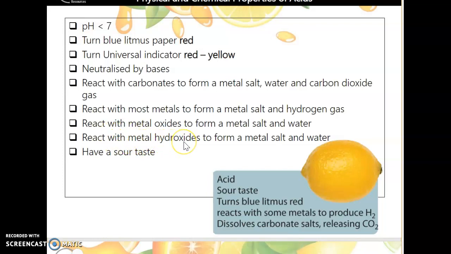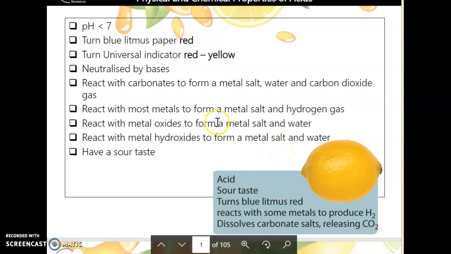Acids will react with metal hydroxides to form a metal salt and water. The only difference between the metal hydroxides and the oxides is that oxides are not soluble in water, so they are just known as bases, but they will still produce a metal salt and water when they react with an acid. Last but not least, we've already said that acids have a sour taste.